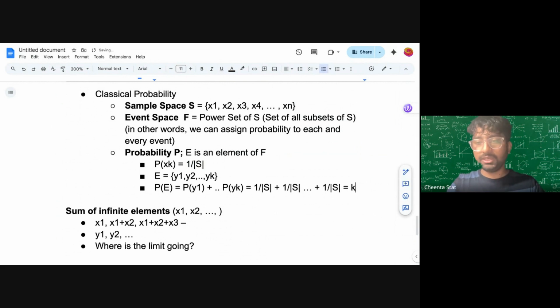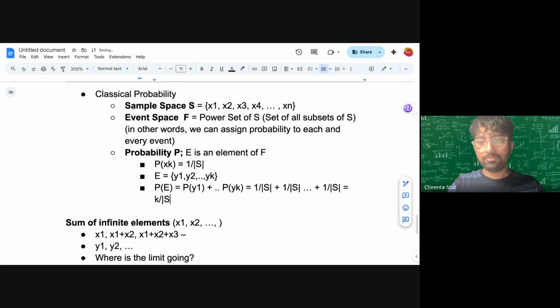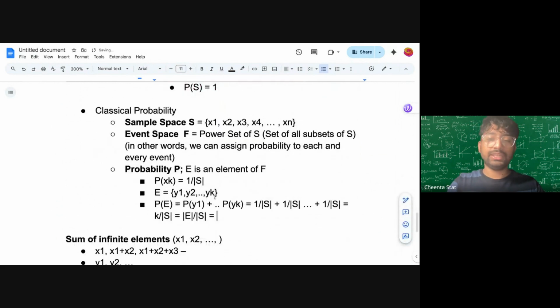So it will be k divided by the total S, and k is the number of elements of E. So it's n of E divided by n of S.